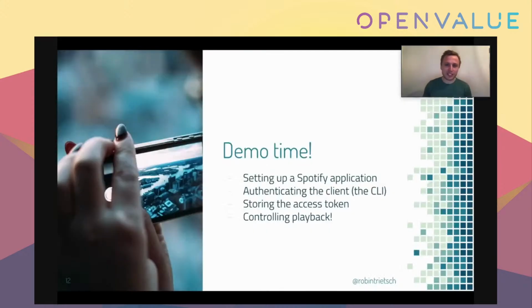So let's continue to the demo. I'll be showing how to set up a Spotify application. That involves going to the Spotify developer dashboard. Next, I'll show how the CLI authenticates to Spotify. I'll be showing how to store the access token. And the last one, the best part, of course, is controlling the playback of Spotify.